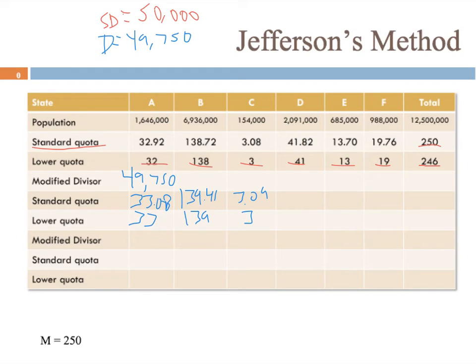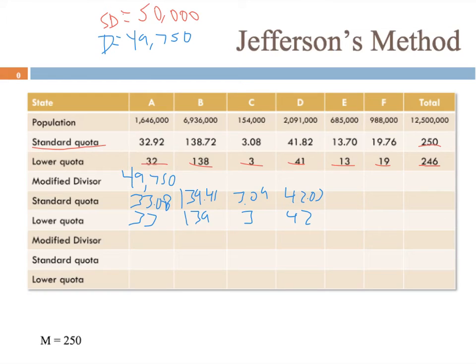The next one, 2,091,000 divided by 49,750, comes out to be 42.03, so that's 42. It's another one that's changed.